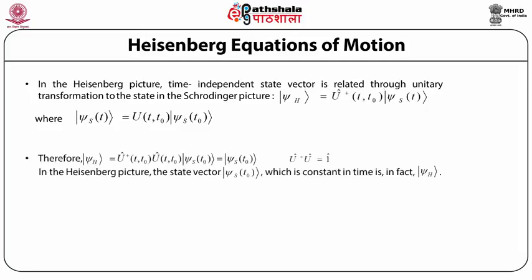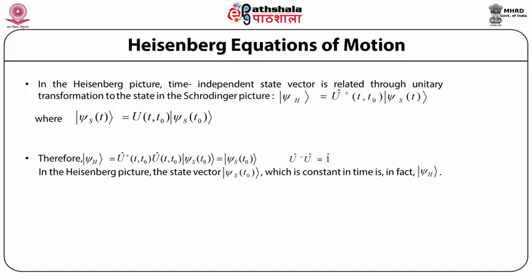Therefore, we can rewrite ket psi_H, the state vector in the Heisenberg formalism, as the unitary operator U dagger(t, t0) times U(t, t0) acting on ket psi_S(t0).